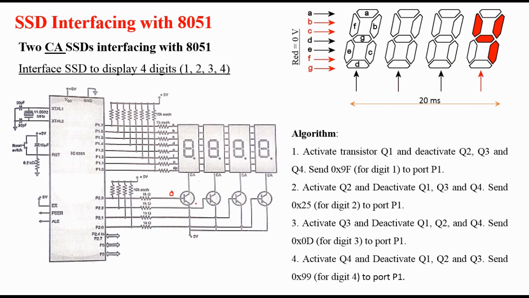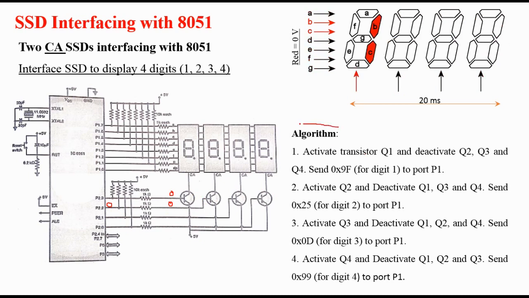You make this transistor on by putting its base to 0. As those are PNP transistors, when you make them 0 they will become on. In case of NPN, when you make the base high, that transistor will become on. So in this case we have to make it 0 so that the transistor will become on.